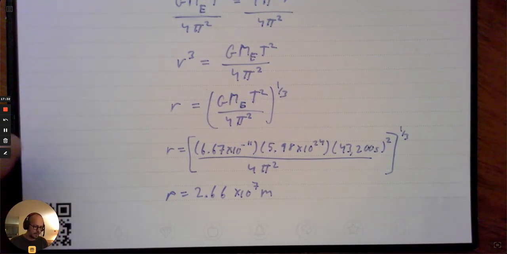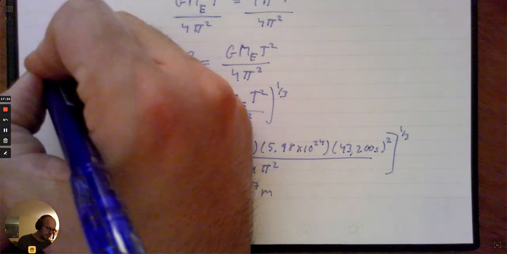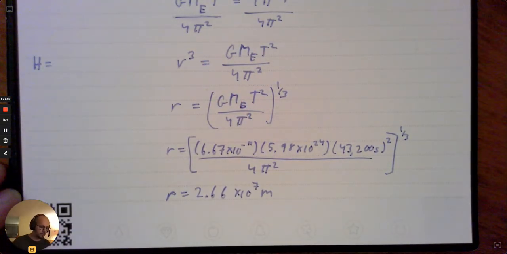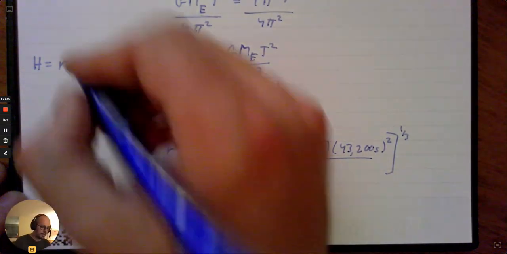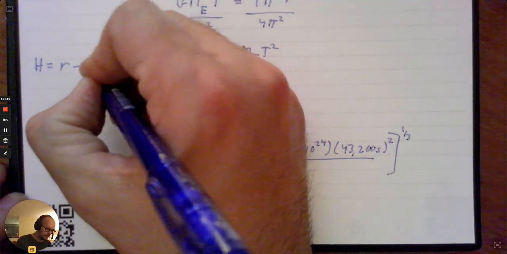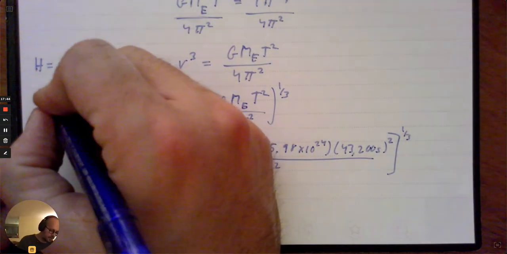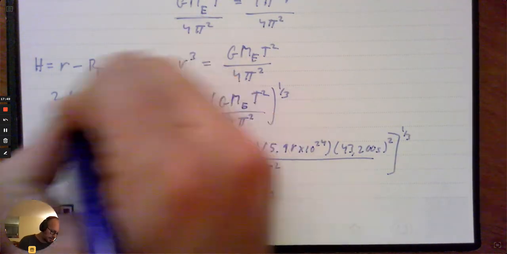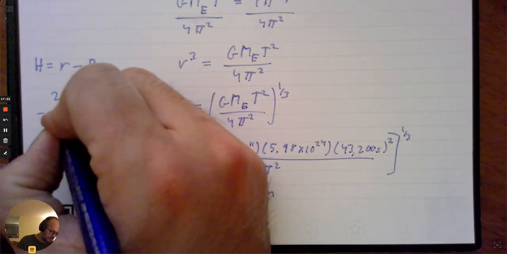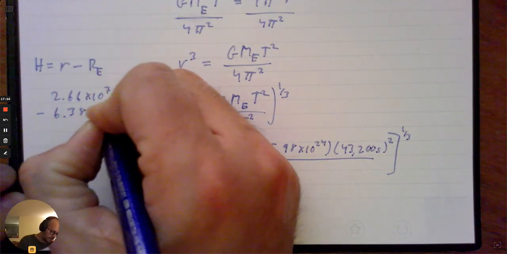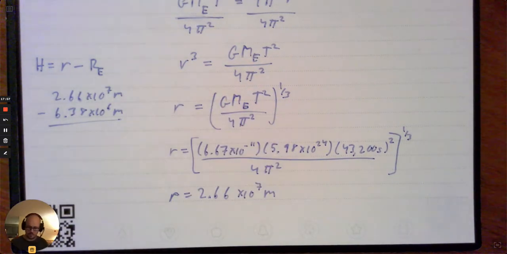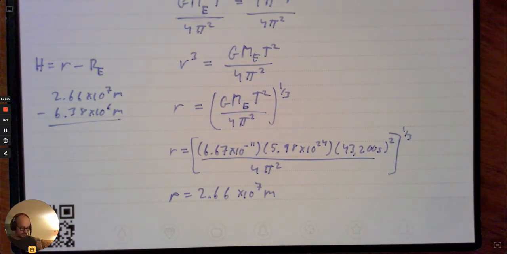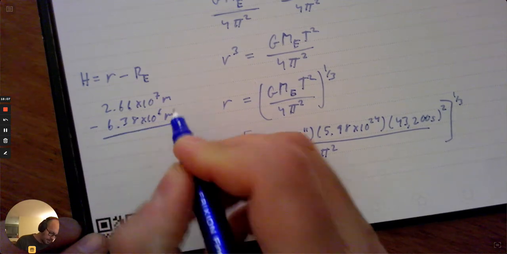The height, H, is equal to the value of R I just got minus the radius of the Earth. So if I take 2.66 times 10 to the 7th and subtract 6.38 times 10 to the 6th, notice that the radius of the Earth is an order of magnitude smaller, so it's not going to look like it's changing a ton.